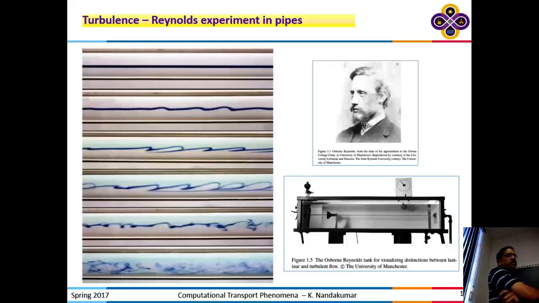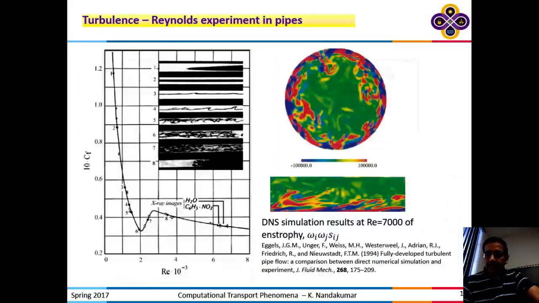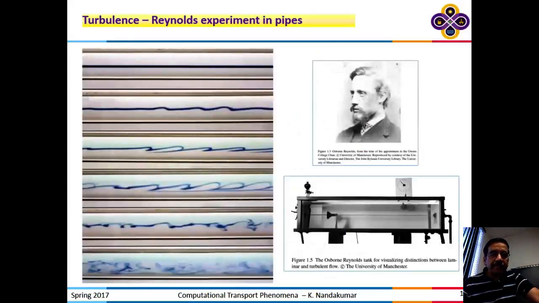What he did was an experiment in a pipe. You see several images of it. In the top one you have laminar flow, and you inject a dye, an ink, and the ink just goes straight through without any mixing, without any diffusion. That's what laminar flow is.